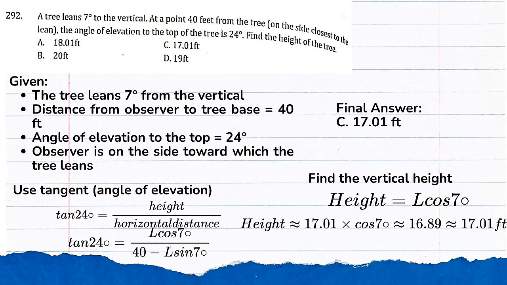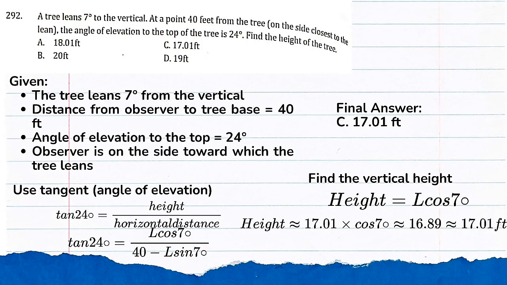Let's represent the tree using variables. Let's assign L as the length of the tree, because the tree is tilted. Now, why cosine for height? Because cosine represents the adjacent side, or the vertical component. Why sine for horizontal? Because sine represents the opposite side, or the horizontal shift.